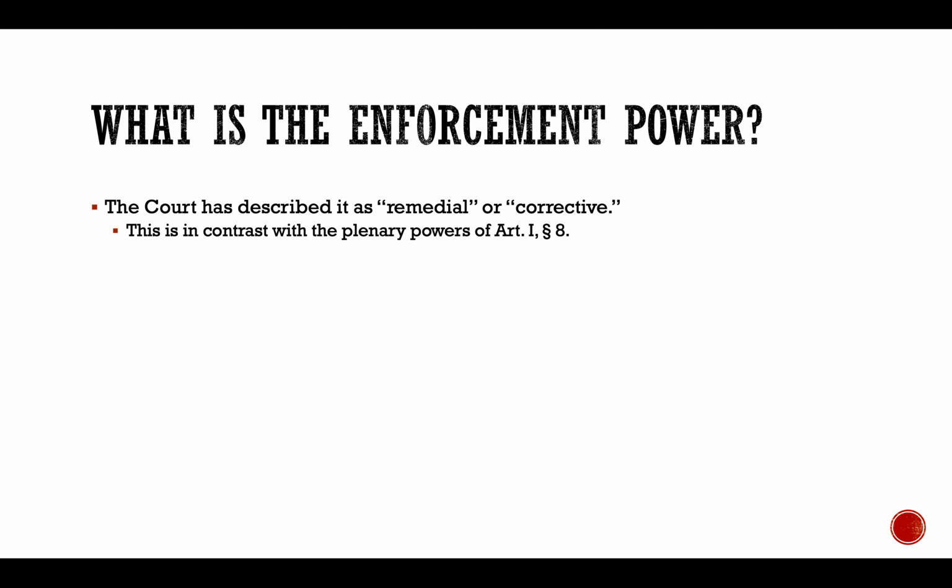So if you think back to the cases that we read under the Necessary and Proper Clause or the Commerce Clause or the Taxing and Spending Clause, Congress could create whole programs, schemes that were designed to enact brand new policy that Congress thought good for the nation. They can do that because they have plenary authority under those powers. Whereas the goal here is to merely remedy or correct violations that Congress sees out in the states of the prohibitions contained in Section 1 of the 14th Amendment.